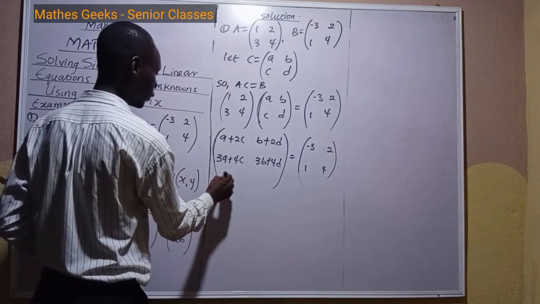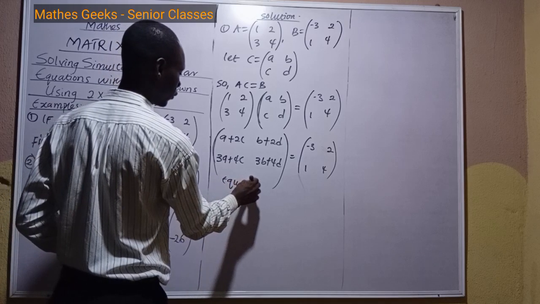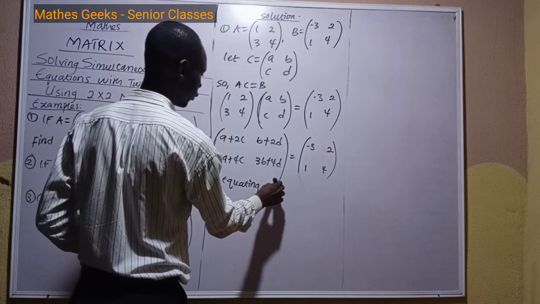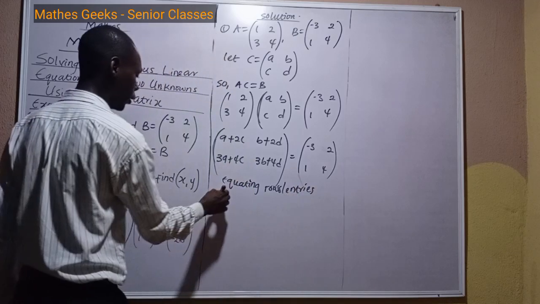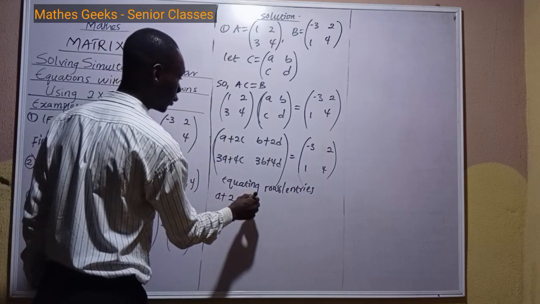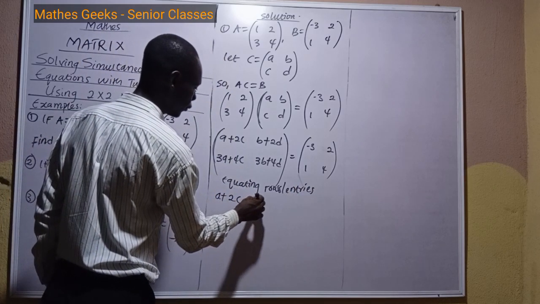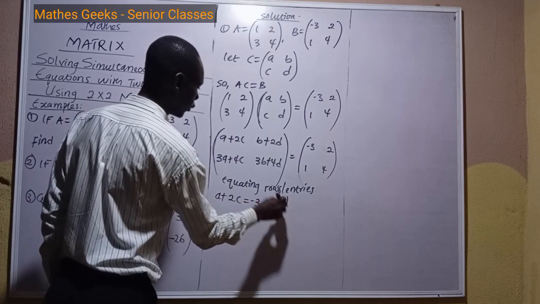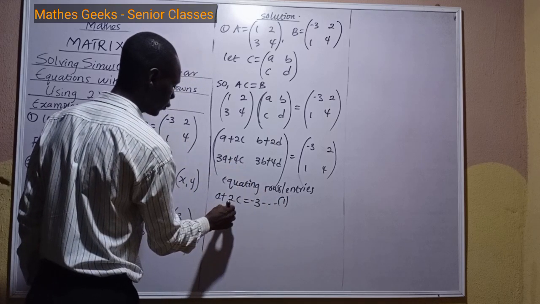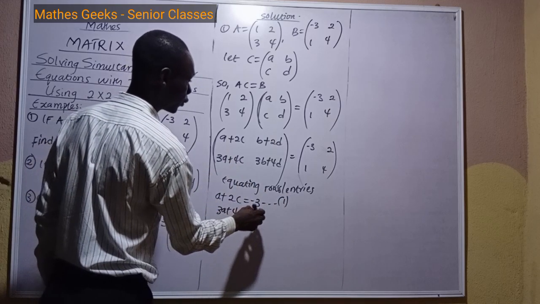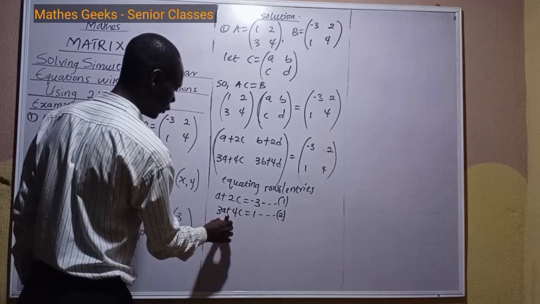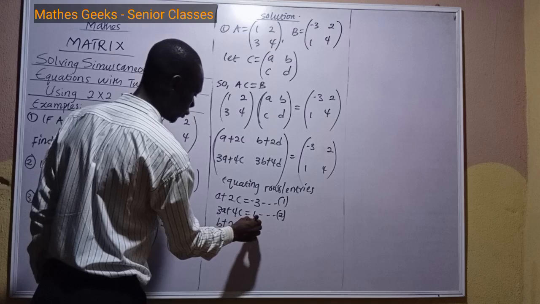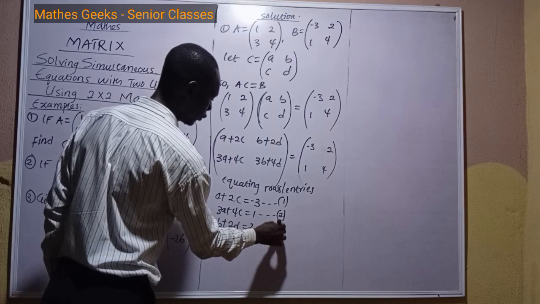Next is equating rows or entries. We have a plus 2c equals minus 3, equation 1. 3a plus 4c equals 1, equation 2. b plus 2d equals 2, equation 3.